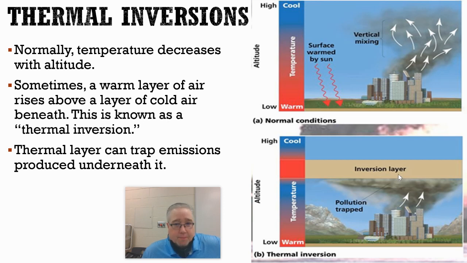I guess probably the biggest issue with it is that it ends up trapping a lot of pollution underneath it, so the pollution can't really escape. You get this layer above these urban areas that traps all of this pollution underneath it.